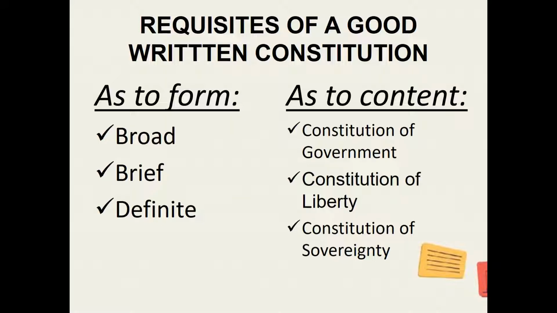So where did they base their laws at that time? They based it on the words which come out from the mouth of the king or the queen or the emperor. So there's no written constitution, no document. Whatever comes out from the mouth of the monarch serves as the law.